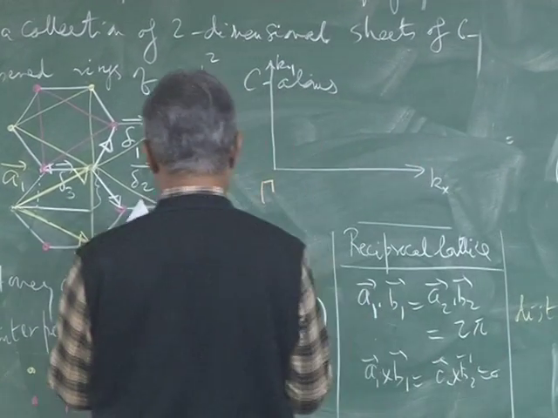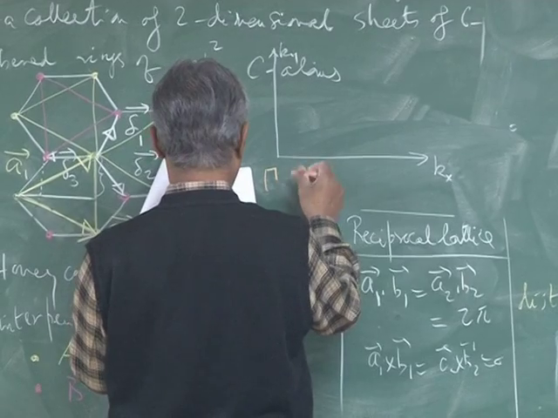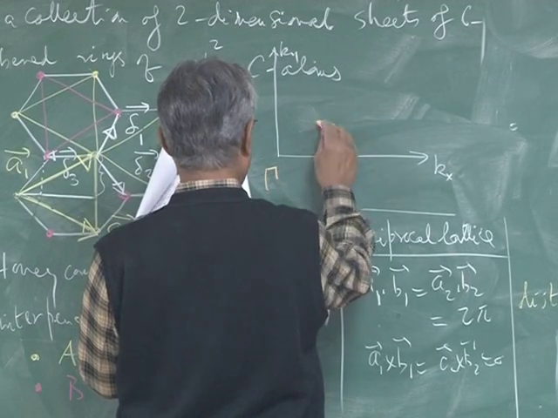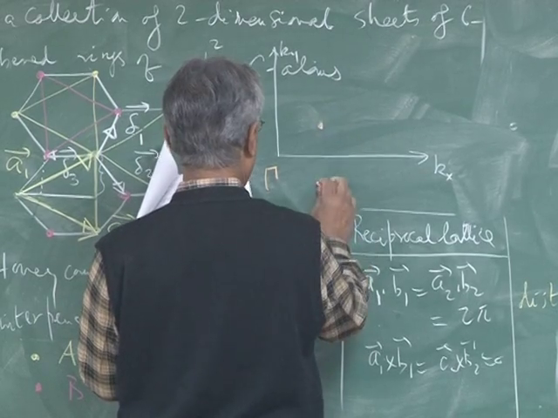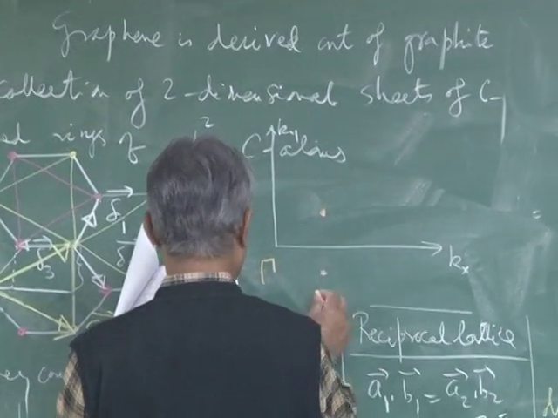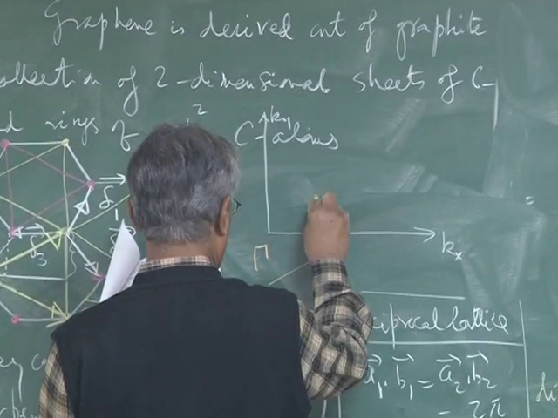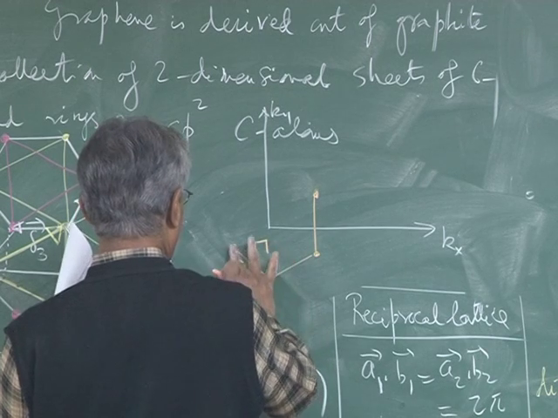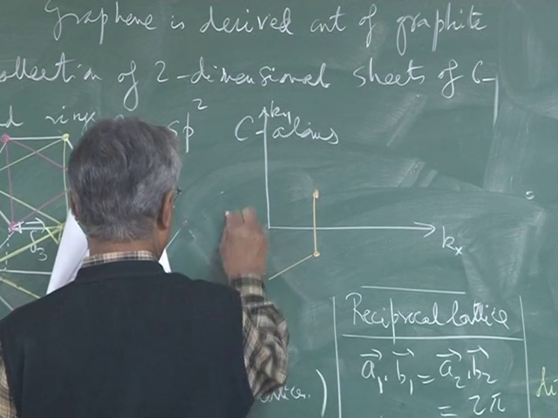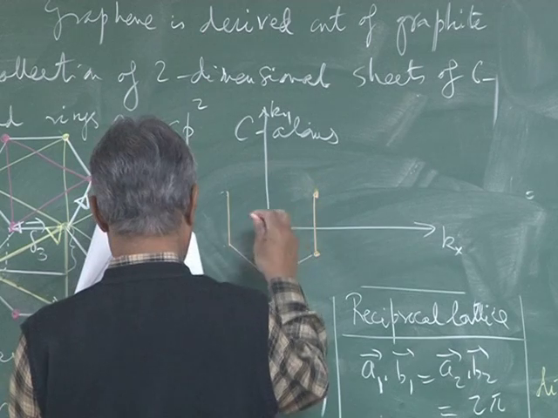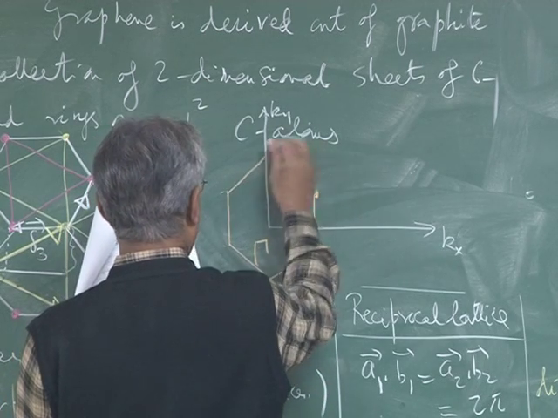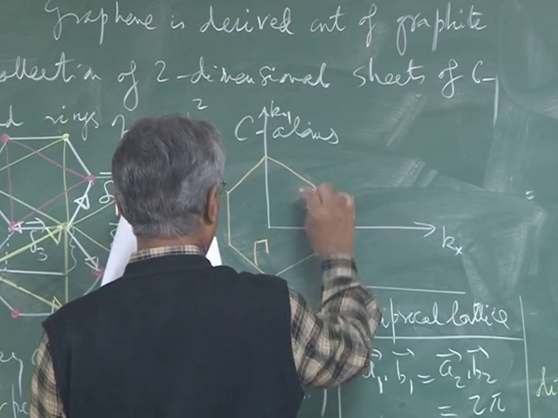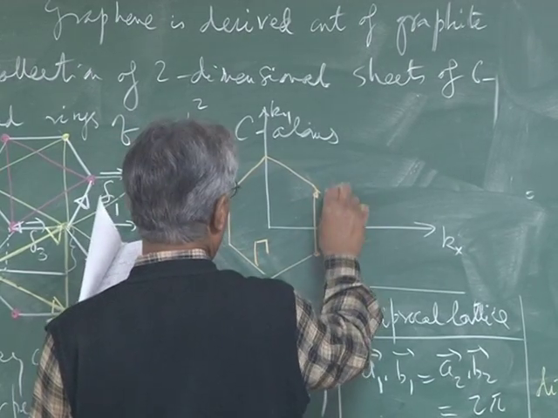And now you construct a honeycomb around the gamma point. So you have... these are called the Dirac points.